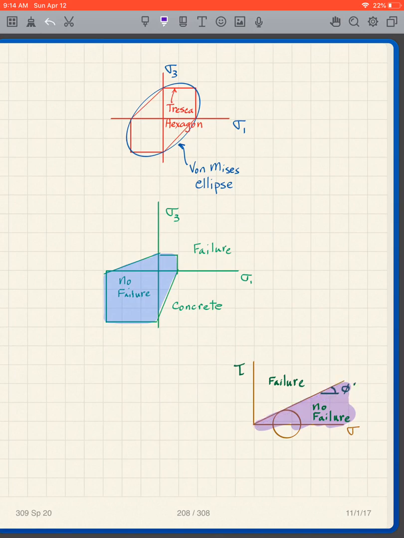If you end up drawing a Mohr circle for your stress condition that's up like that, then you get failure. So, like I say, many different materials have many different types of representation for failure. But we're going to focus on the Tresca hexagon.